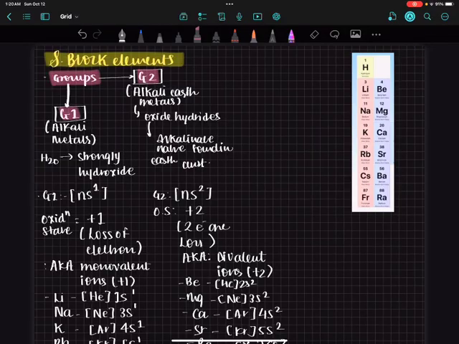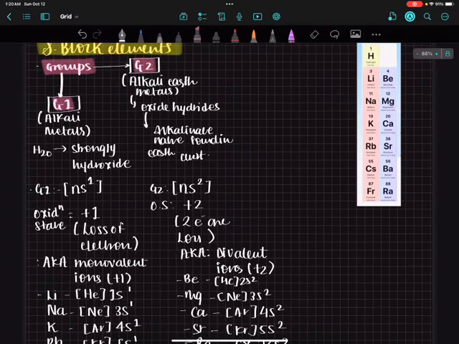G1 is alkali metals, G2 is alkaline earth metals. These are also known as monovalent and divalent, because monovalent have +1 and the other has +2. One important thing to note is the valence electron: here it is ns1 and here it is ns2.